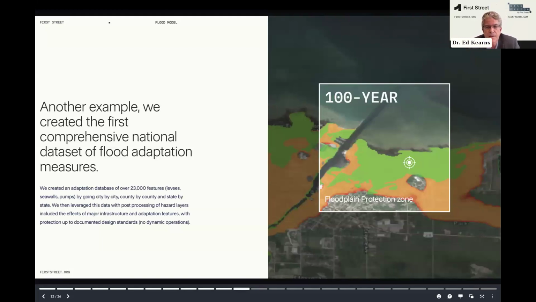As you'll see in some later figures, we can resolve the flooding on a property, whether or not it's going to reach the building on that property, whether that water stays in the stream or overflows its banks. These are all things that we can determine from this. But yes, it is a two-step process. We model at 30 meter and then we downscale using that high resolution 3-meter depth-based surface topography.